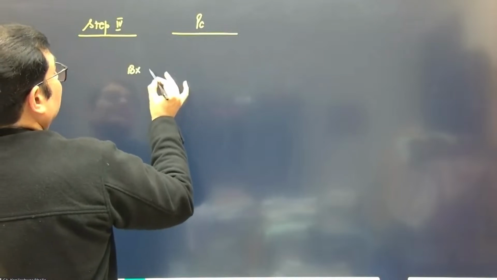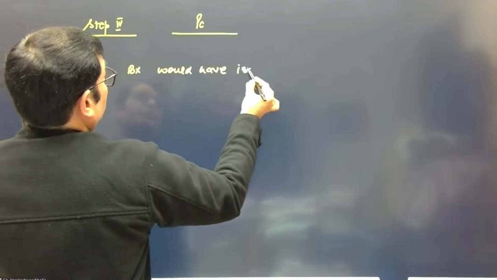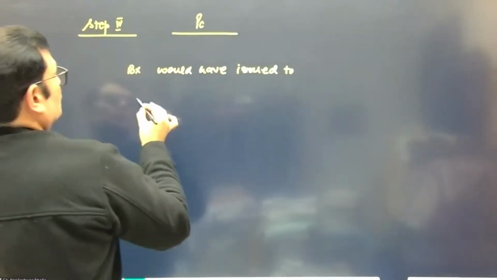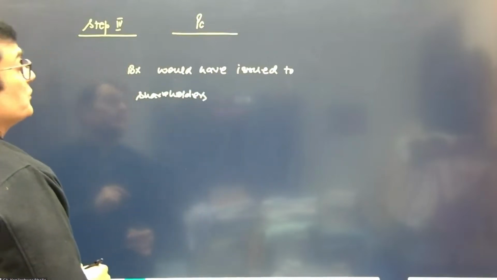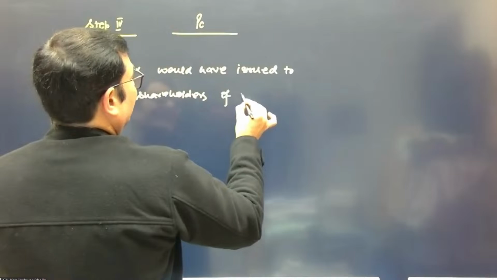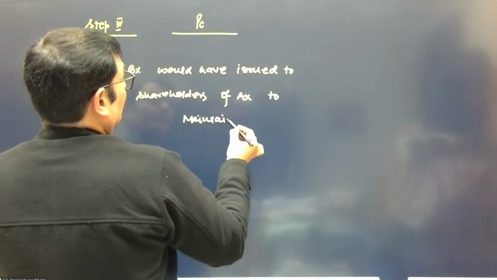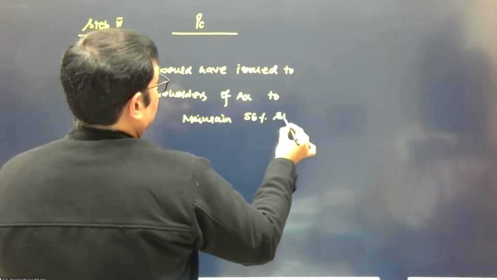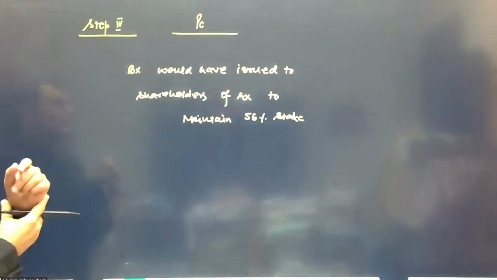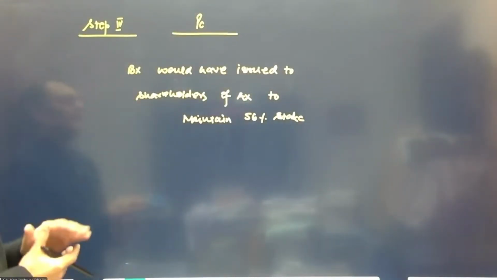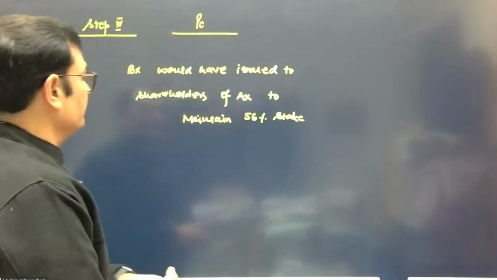So we want to calculate the number of shares BX would have issued to shareholders of AX to maintain a 56% stake in the company. Because it has a 56% stake in the company, if it wants to maintain that stake, how many shares would it have issued?